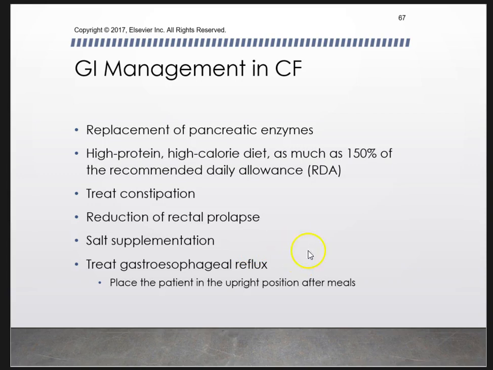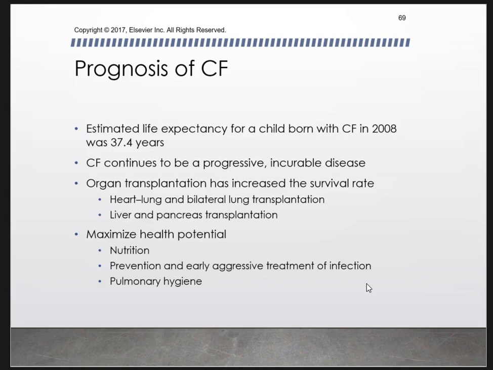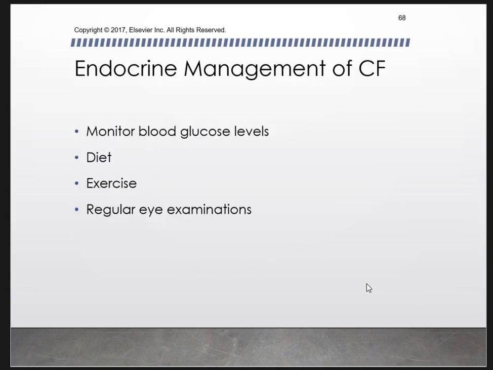They're going to have GER, so making sure that we're doing simple things like positioning. If they've got diabetes, obviously looking at their glucose levels, making sure that their exercise is where it can be. And the eye exam, we're talking about the endocrine management, if they've got the diabetes and the enzyme impact there. We know with diabetes regularly, eyes are an issue.